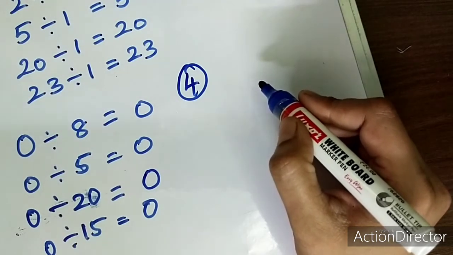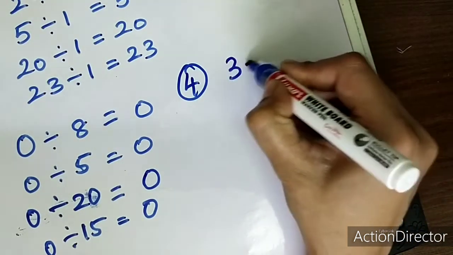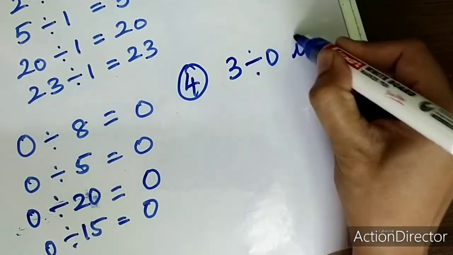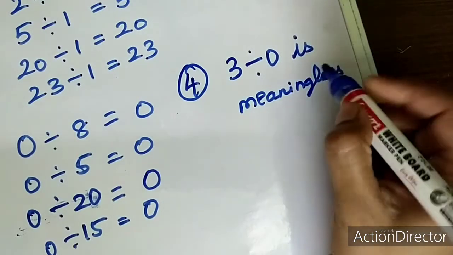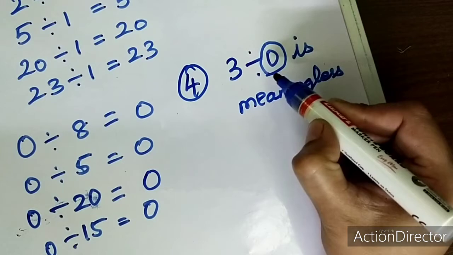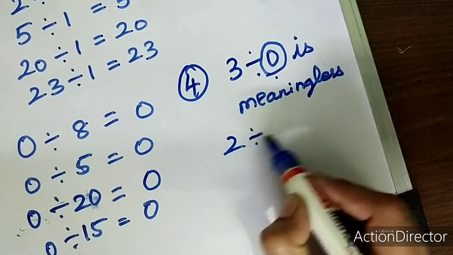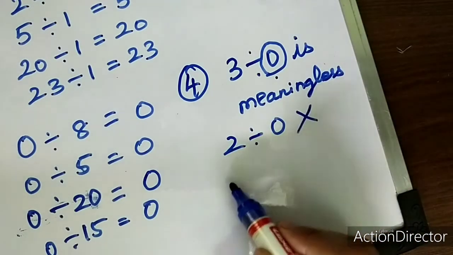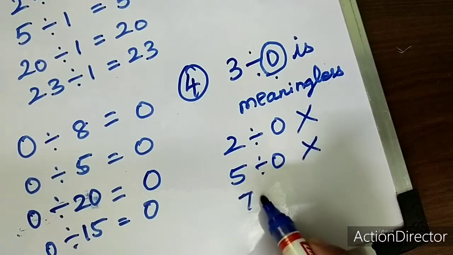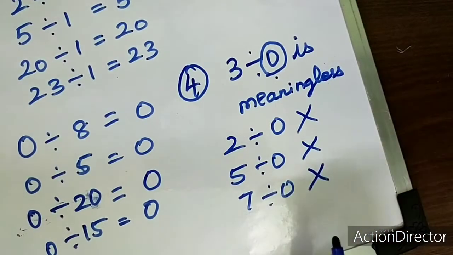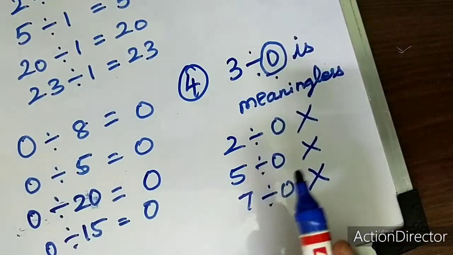That is, divisor cannot be 0. 3 divided by 0 is meaningless. 2 divided by 0 is also meaningless. 5 divided by 0 is also meaningless. 7 divided by 0 is also meaningless. Always, divisor should not be 0.